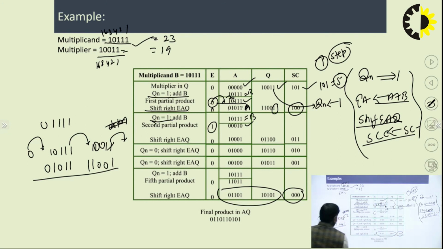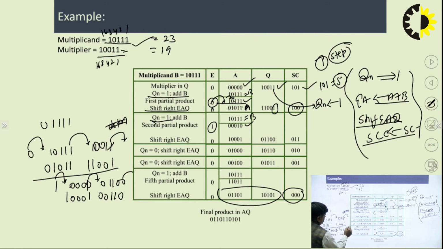Again we are checking here 1, 0, 0, 0, 0, now 1 and 0, and here 0, 1, 1, 0, 0. Now when we shift one bit to the right side, this one comes here 1, 0, 0 and 1. This 0 shifts from here 0, 0, 1, 1 and 0, or this 0 is discarded.